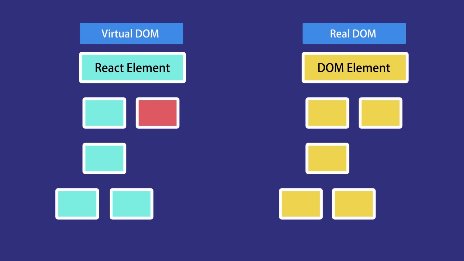When we change the state of a component, we get a new React element. React will then compare this element and its children with the previous one. It figures out what is changed, and then it will update a part of the real DOM to keep it in sync with the virtual DOM. So that means when building applications with React, unlike vanilla JavaScript or jQuery, we no longer have to work with the DOM API in browsers.